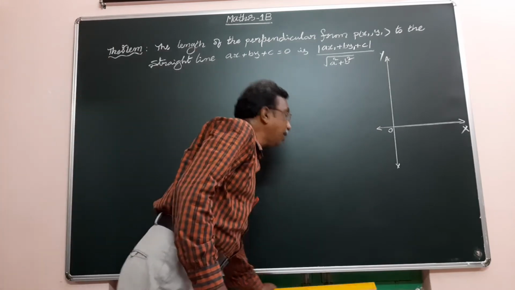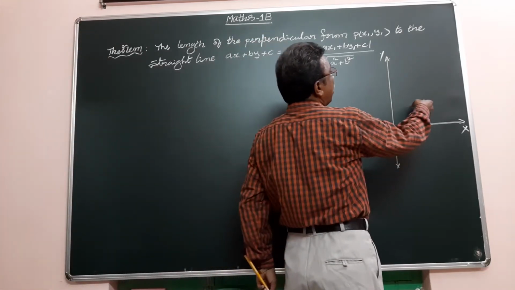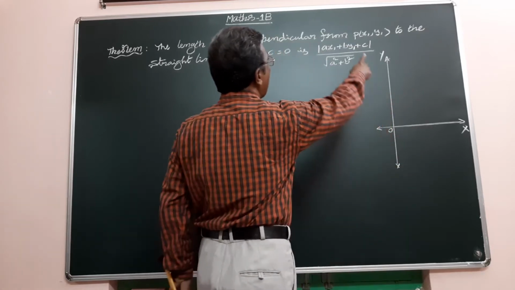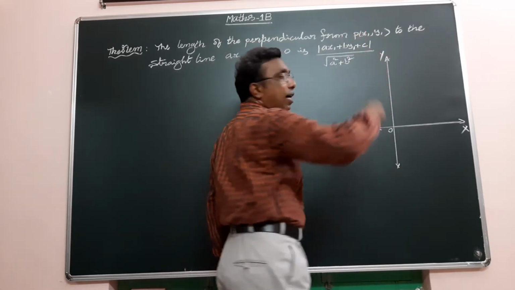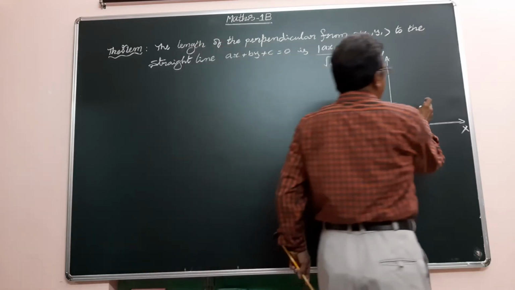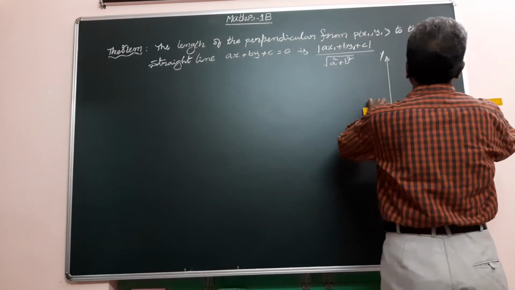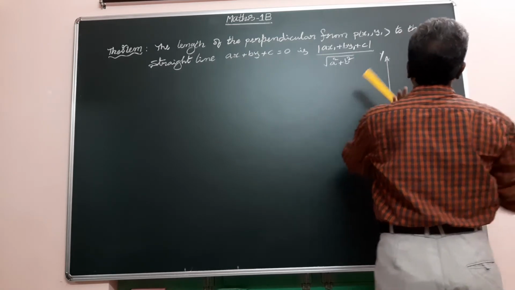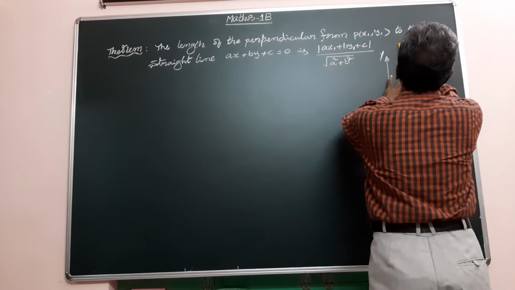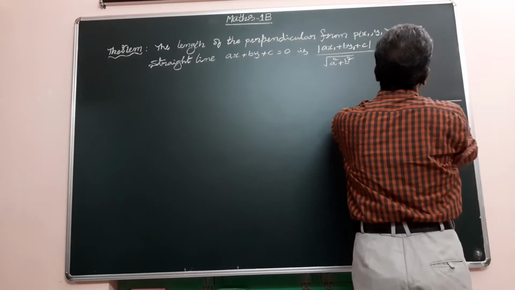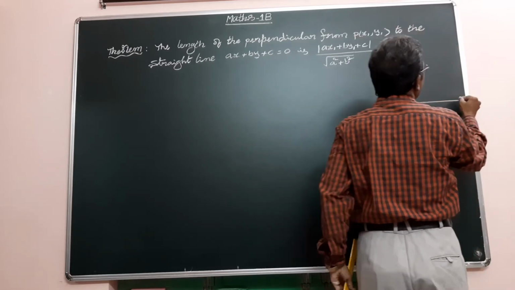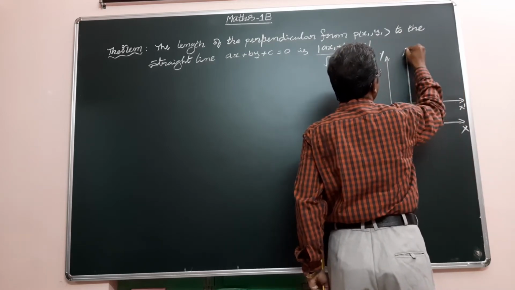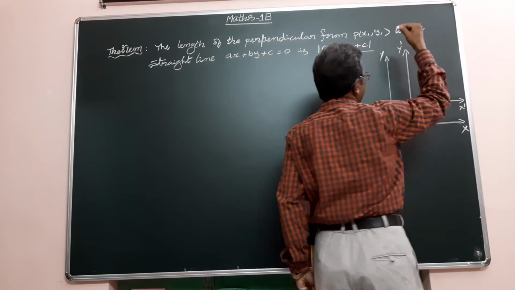Transformation of axis means the origin is shifted to a point. This origin is shifted to the point P of x1, y1. Now we form new axes, x dash and y dash.